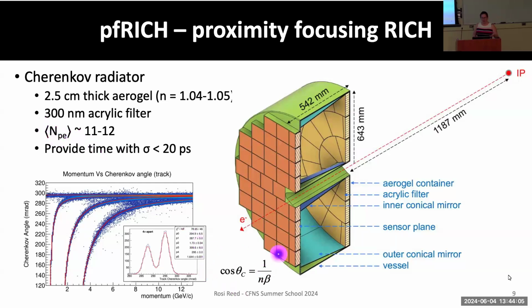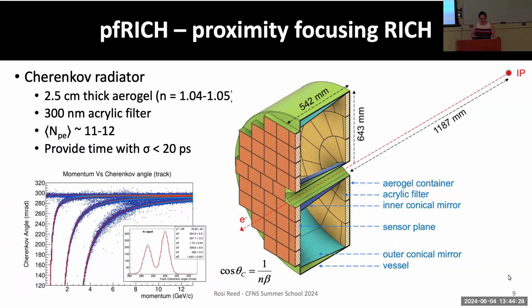I repeat the equation here, and then I show a plot of the Cherenkov angle versus the momentum of the charged particle. Just as I showed you with the TPC, you can see different bands for the different particles. So this allows you to see which particles went where in this particular detector.